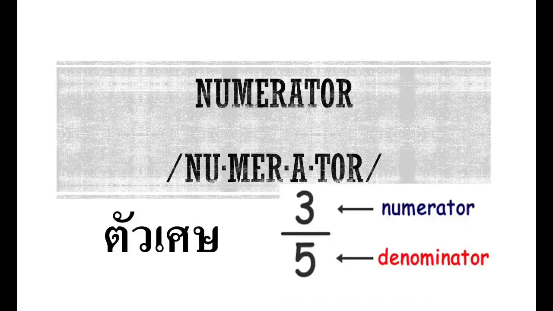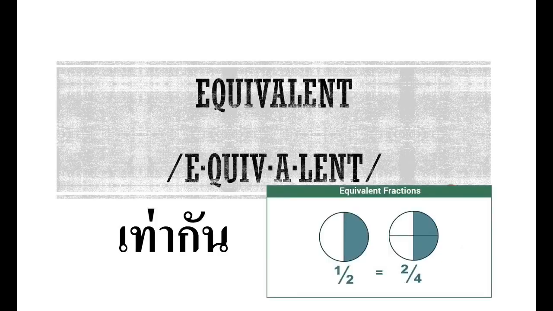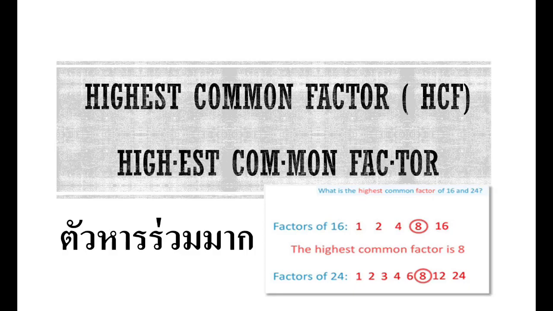Number 3, numerator. Number 4, equivalent. Number 5, highest common factor.